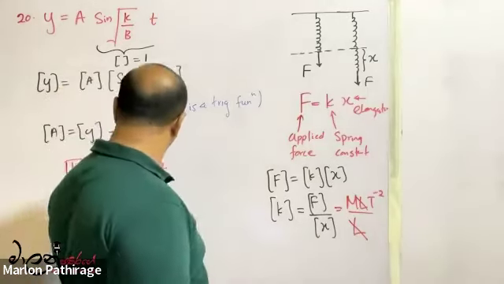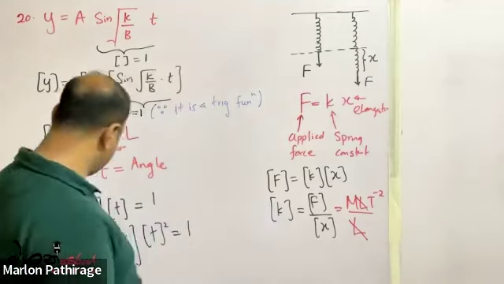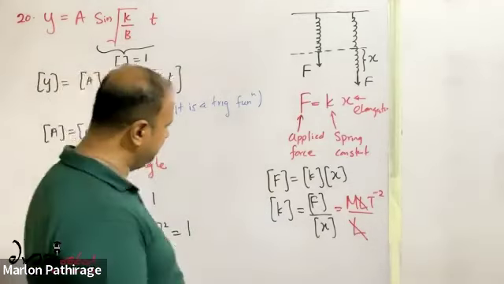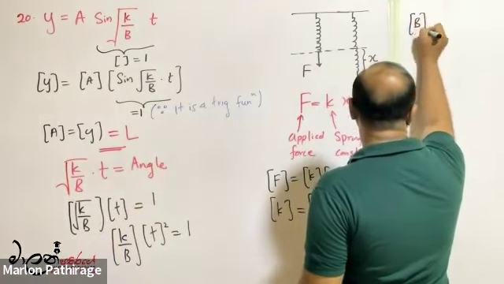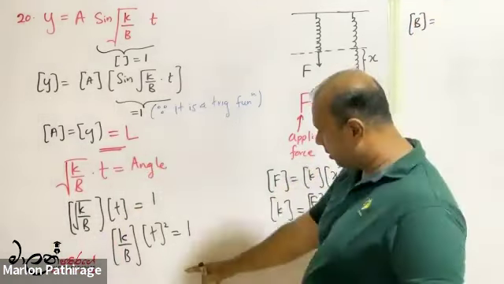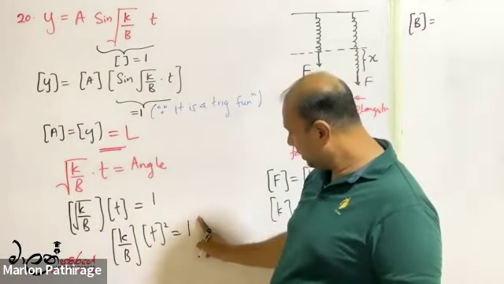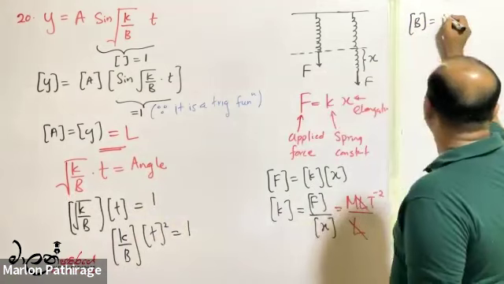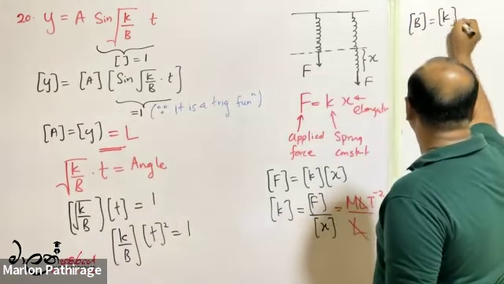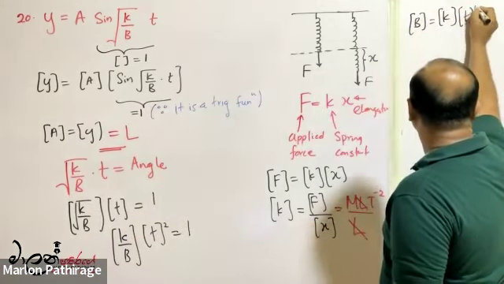Therefore, dimension of B is equal to dimension of K into dimension of t squared.